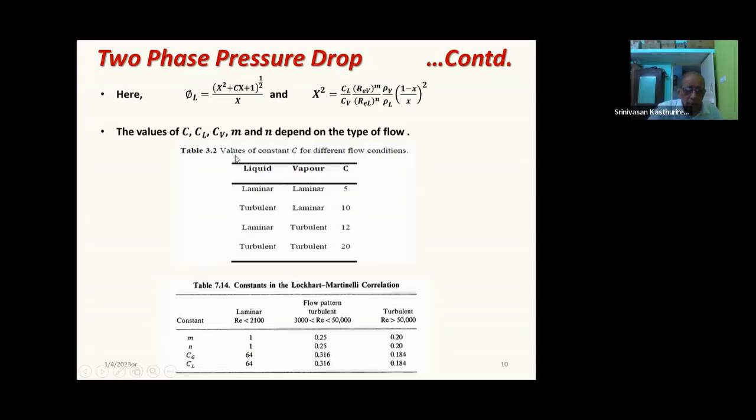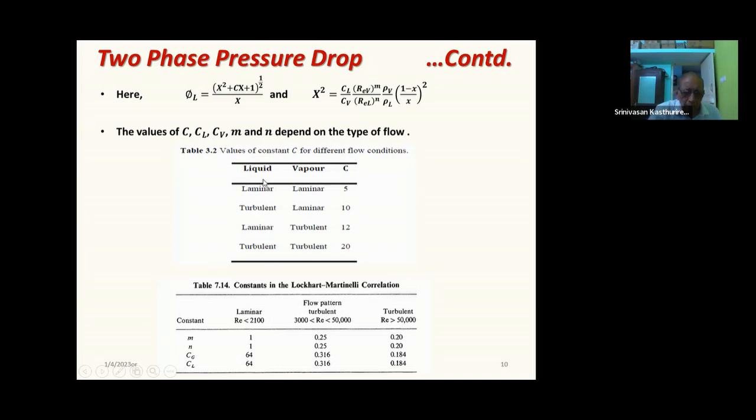Now, there are different values for all these parameters, the C, CL, CV, m, n, etc. All these parameters are available. And first of all, the value of C for different flow conditions is given here.